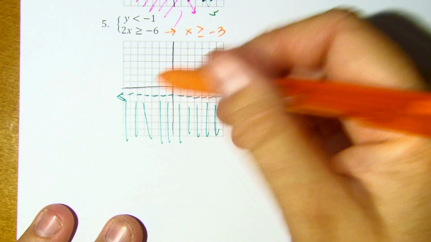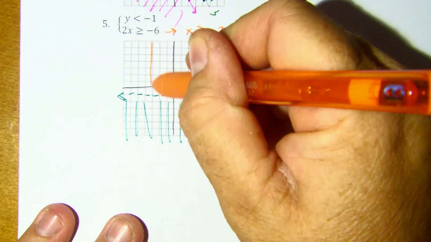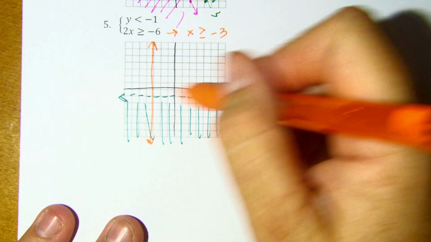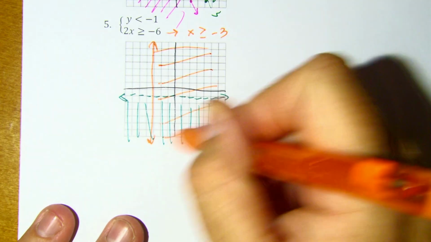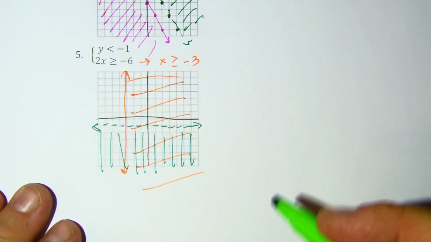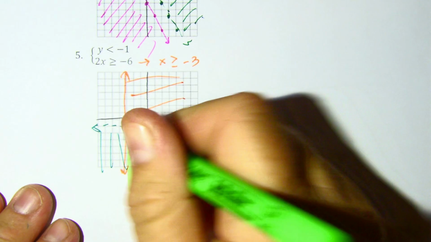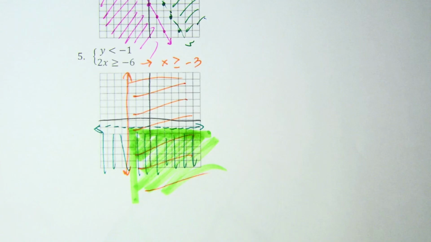So vertical line at negative 3, and it'll be solid, so it has the equal to sign. And x is bigger than that, so that would be the values to the right. So the overlapping area then would be all of this. And that is the end of part 2.